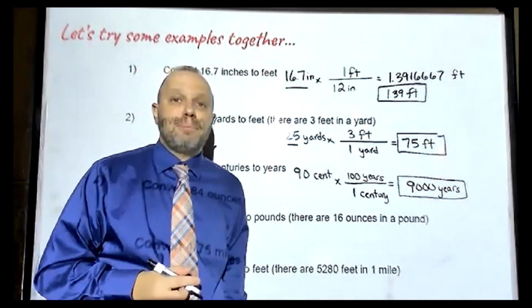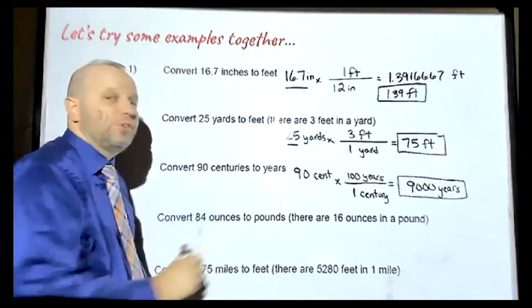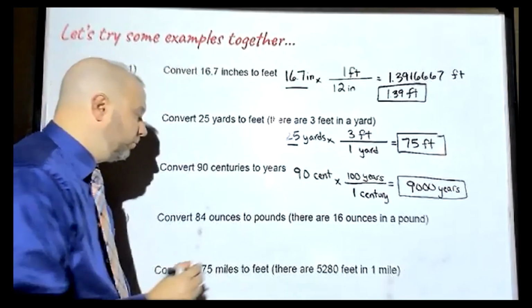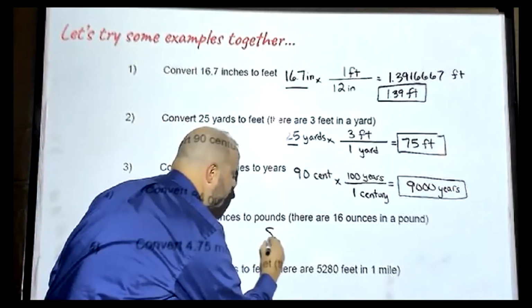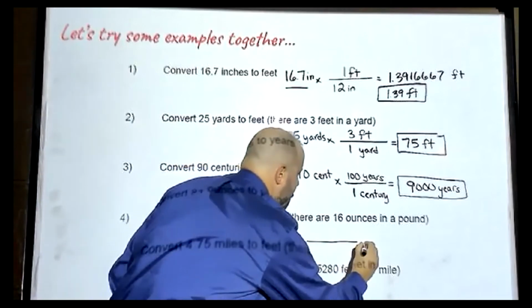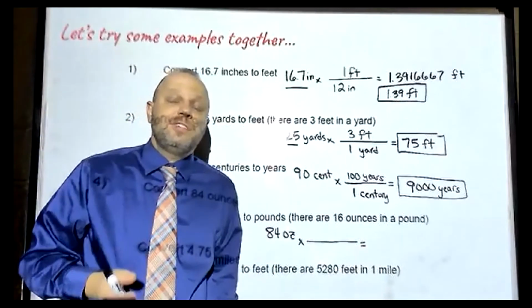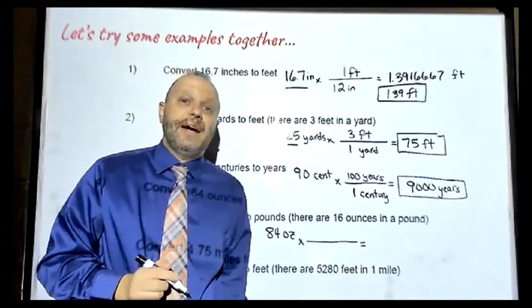Okay, let's take a look at problem number 4. So I have 84 ounces and we're converting it into pounds. As it says in the problem, there are 16 ounces in 1 pound.